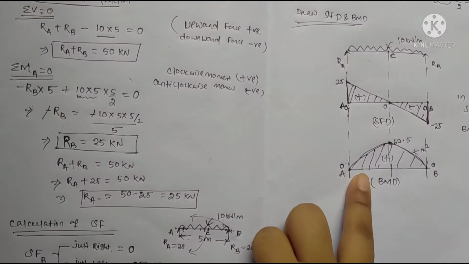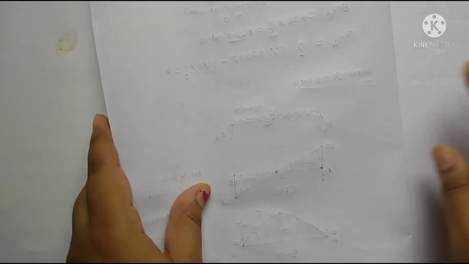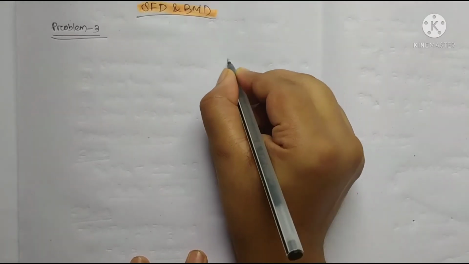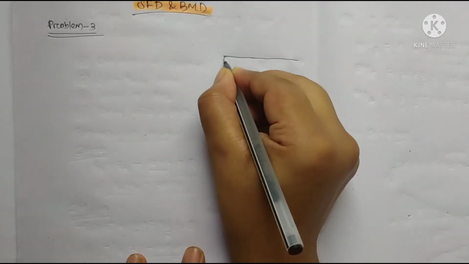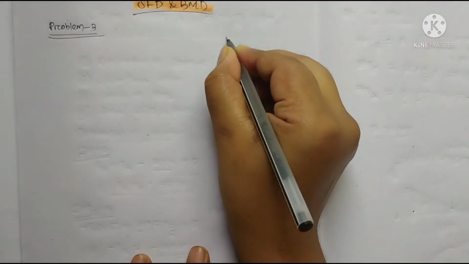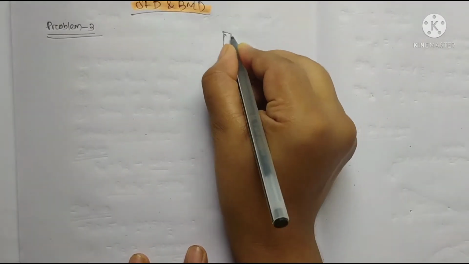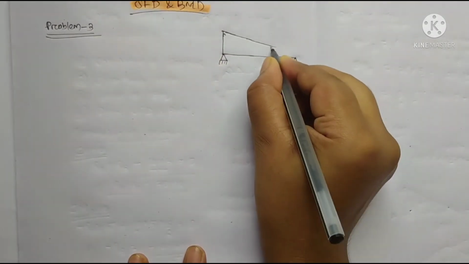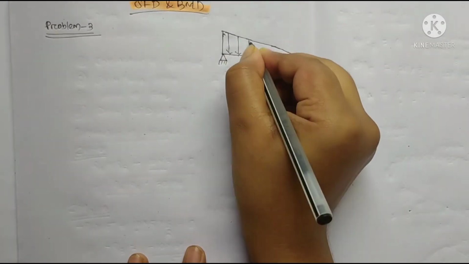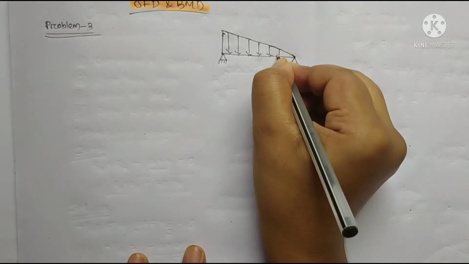Now move to our next problem of shear force and bending moment. Now take a simply supported beam taking uniformly varying load. What is uniformly varying load? Uniformly varying load is a force that varies throughout its section.